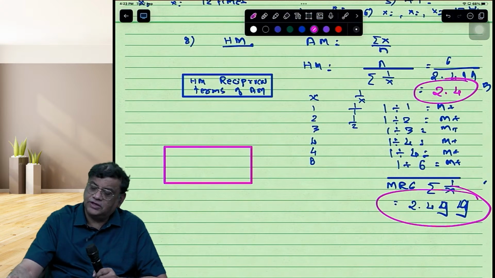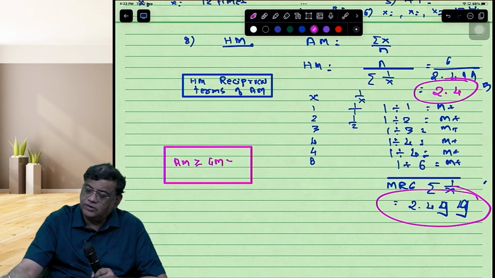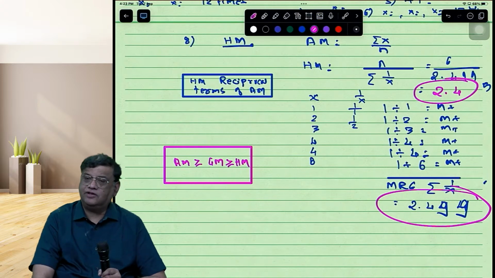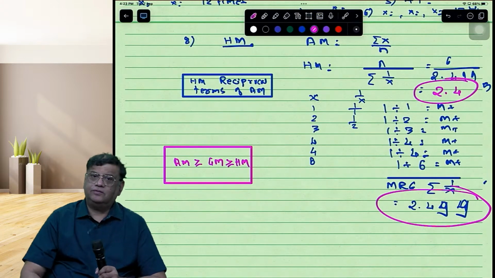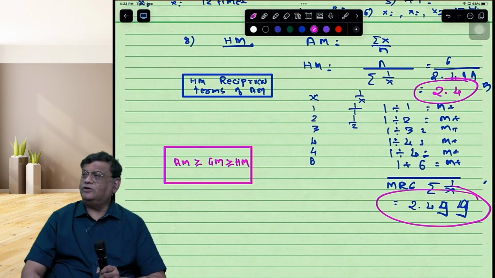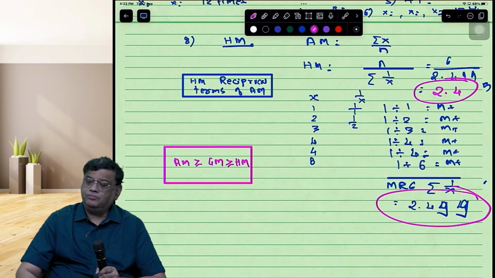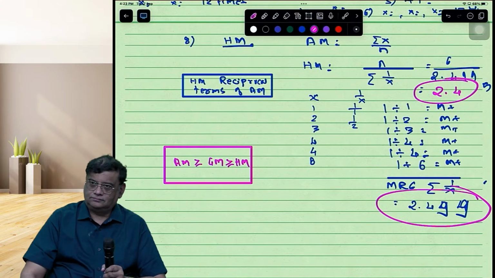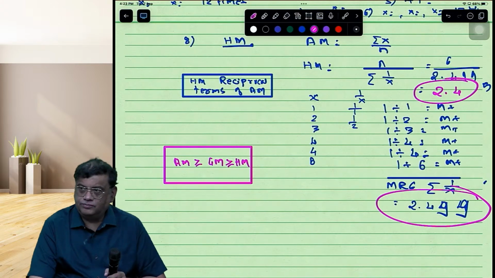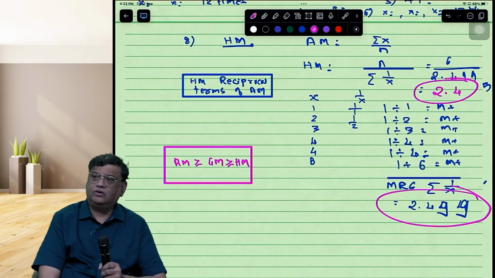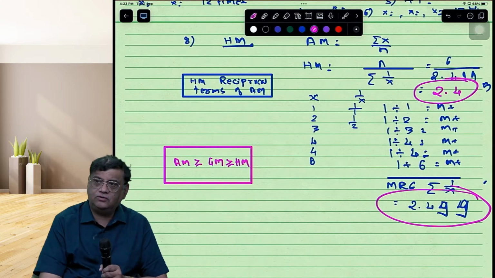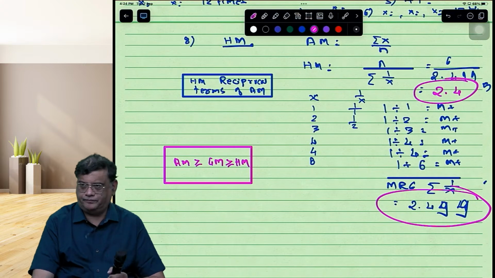But just observe here that arithmetic mean is greater than or equal to geometric mean is greater than or equal to harmonic mean. Arithmetic mean सबसे largest होता है, हार्मोनिक मीन सबसे स्मॉलेस्ट होता है, ज्योमेट्रिक मीन इन बीच में. समझा? तो नोट लिखो.